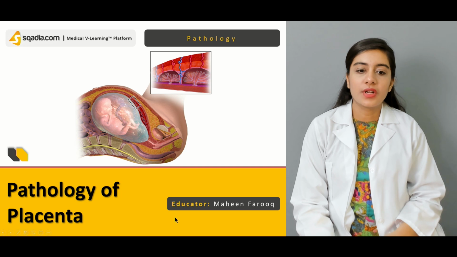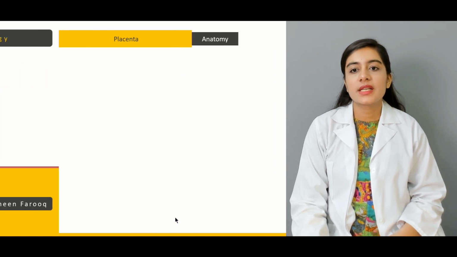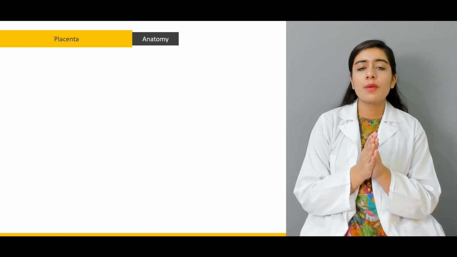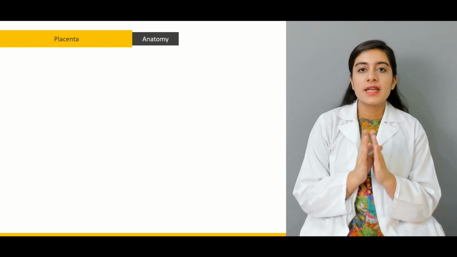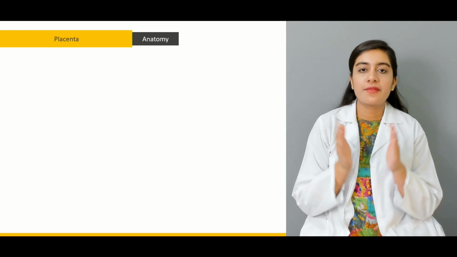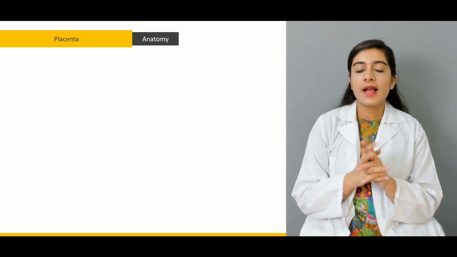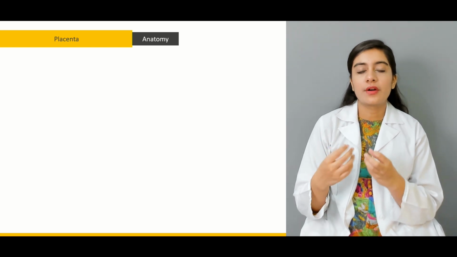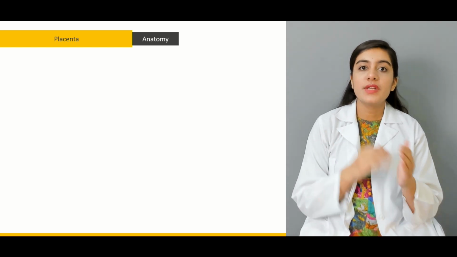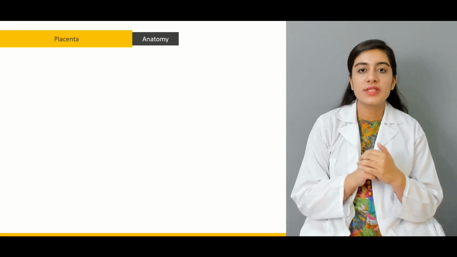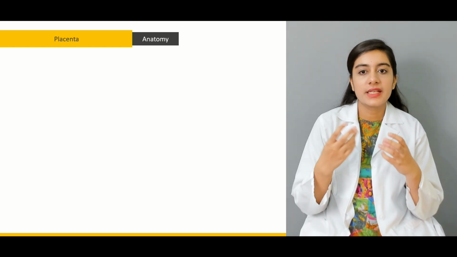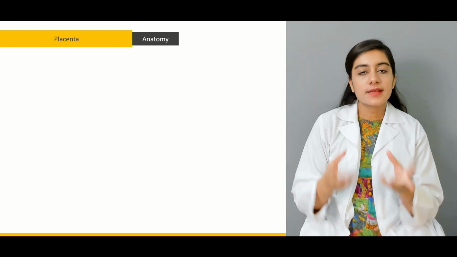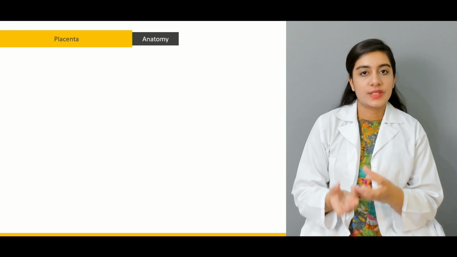First of all, in this lecture, we will be discussing the anatomy of the placenta. Now, the structure of the placenta: it is a discoid shaped flat organ and it has two sides. The one side, known as the chorionic or amnion side, is facing the fetus and consists of the amniotic fluid, and inside the amniotic fluid the fetus is present.